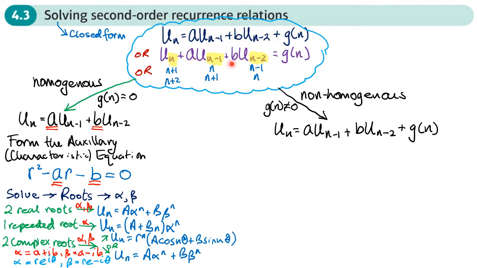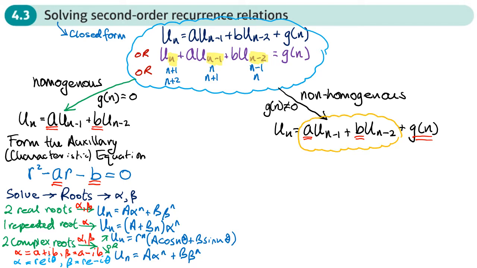We keep it in this form, but what we're interested in, what we want to pick out, is a, b, and this function of n. So the first thing we need to do is to solve the homogeneous part, which is this part here.